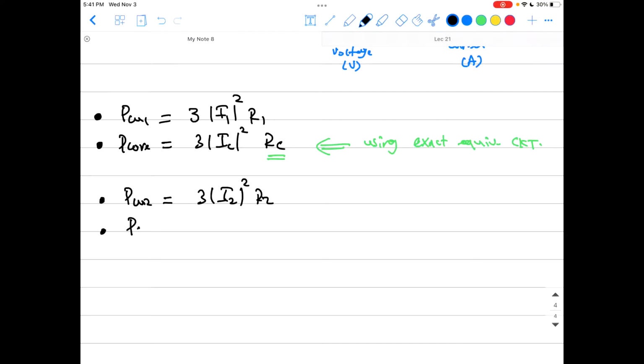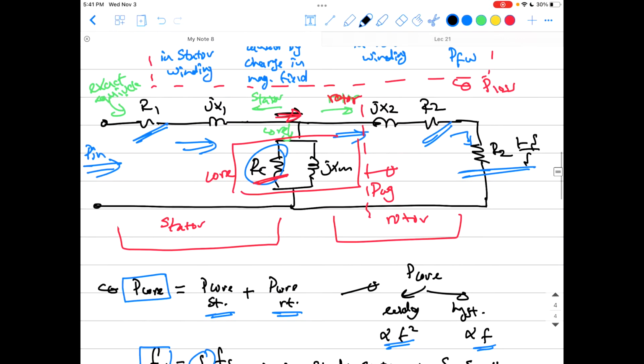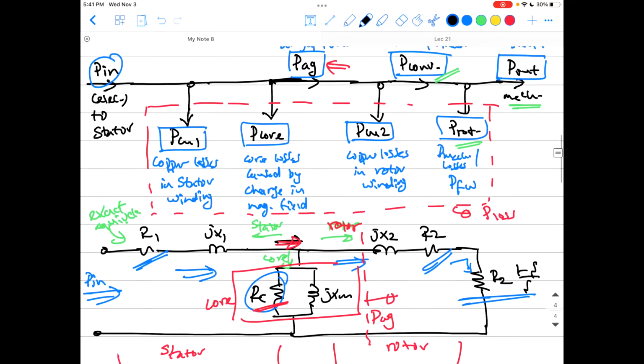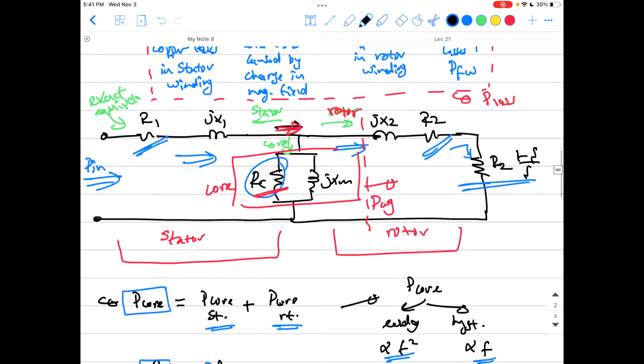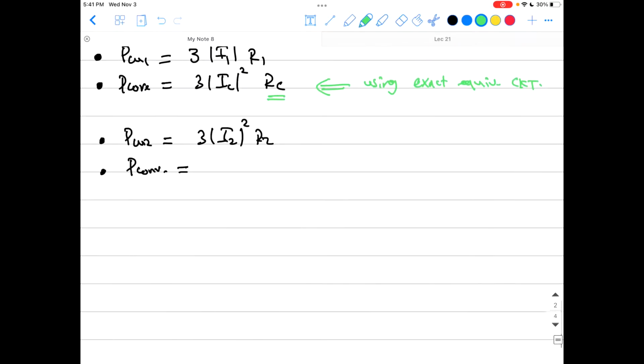The converted power, or the developed power, or the mechanical power, they're all the same thing, is actually the power that's going to the dynamic load. Like we said, it is the power that is converted into mechanical power, the power going to the mechanical load.